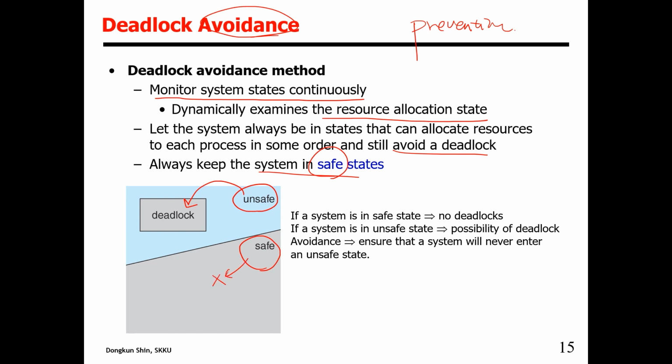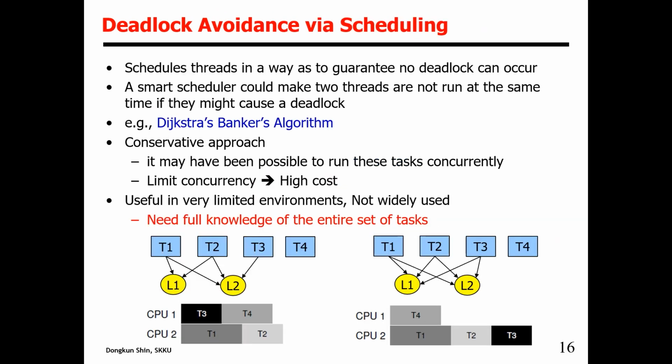So the unsafe state has the possibility of deadlock, but the avoidance technique ensures that our system will never enter an unsafe state. This technique is called the deadlock avoidance method. For example, deadlock avoidance can be implemented by thread scheduling.